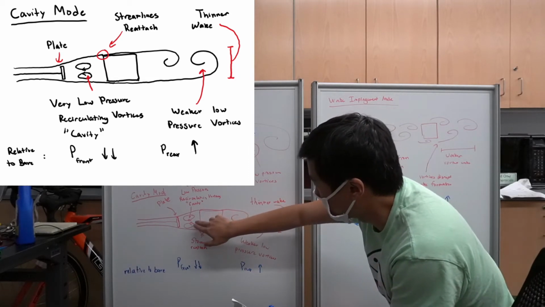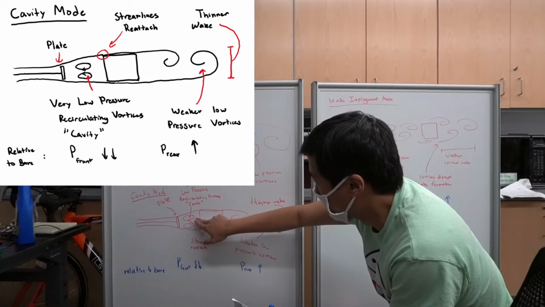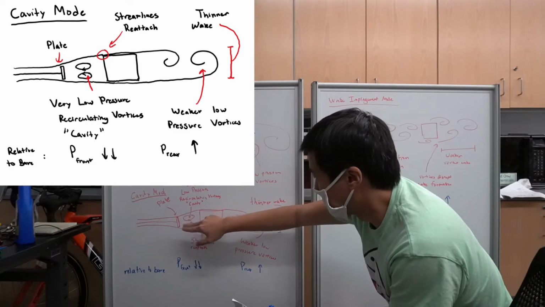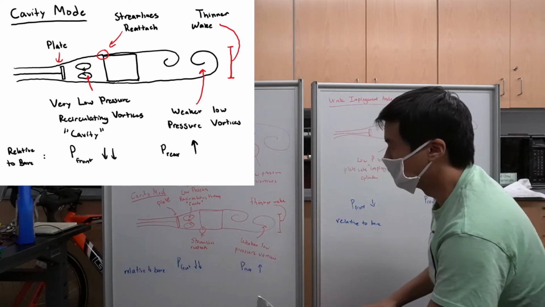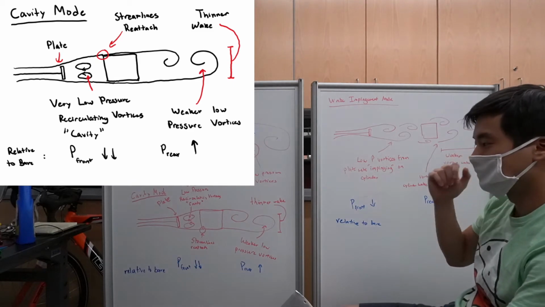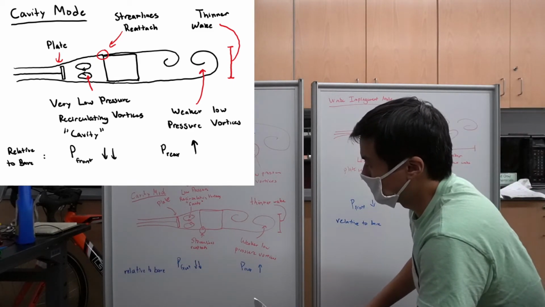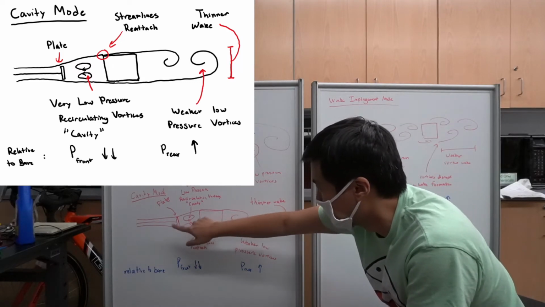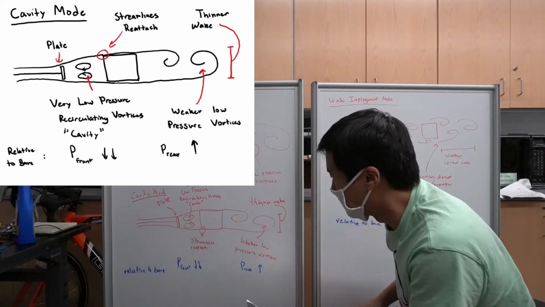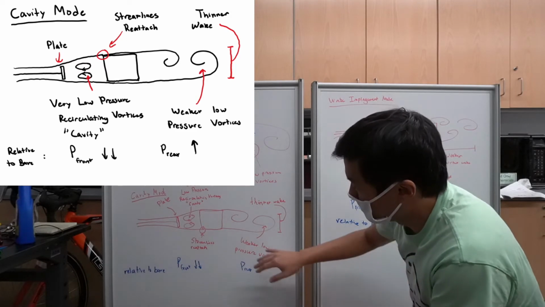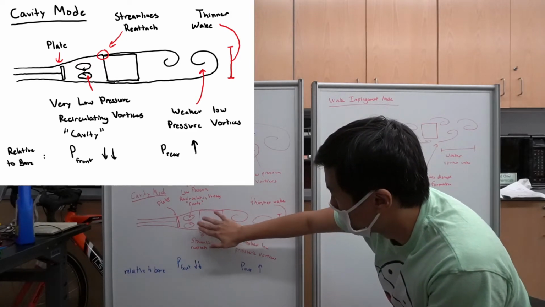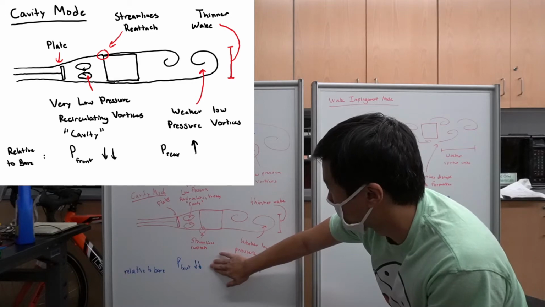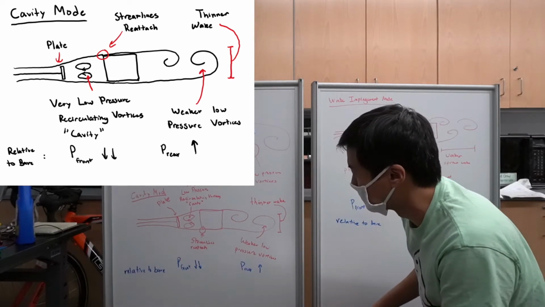That creates a very low pressure cavity, right here, where we have 2 low pressure recirculation vortices. These vortices are stable because they constantly have energy fed in via the shear layers coming off of the plate. And so these low pressure vortices are very stable, and they decrease the pressure on the front face because they're low pressure vortices.